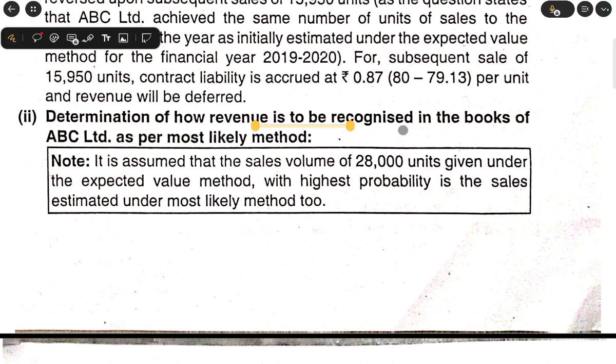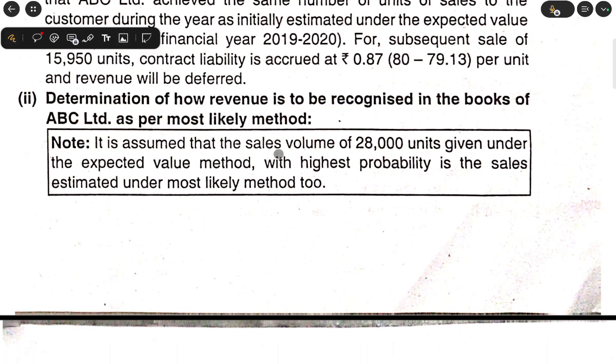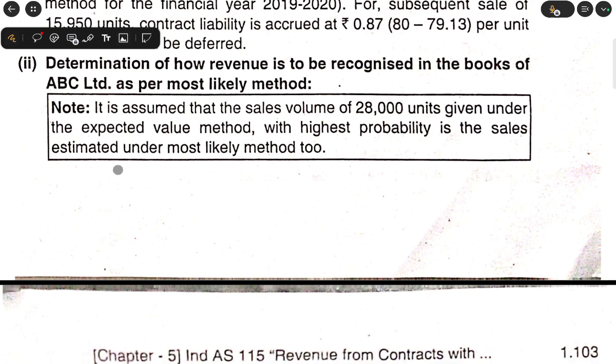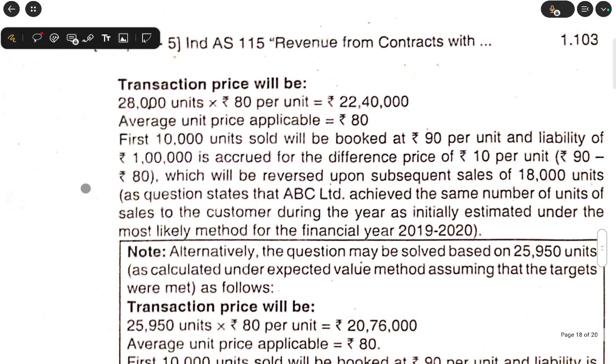Determination of how the revenue will be recognized in the books of account of ABC under the most likely method. Assume the sale volume is 28,000 units, as given under the expected value method, the highest probability of sale estimate is the most likely method. 28,000 at 80 is 22 lakh 40,000. Average price is 80.